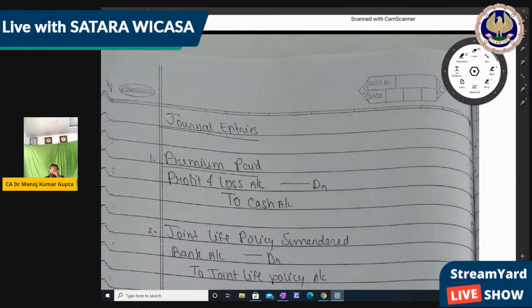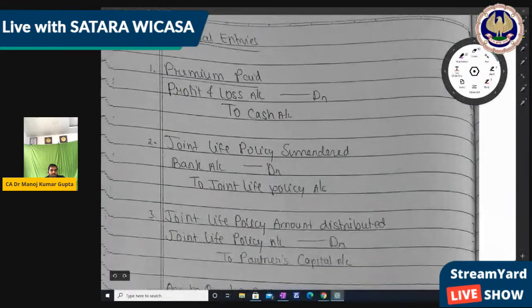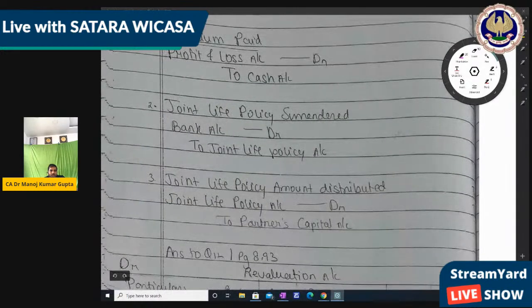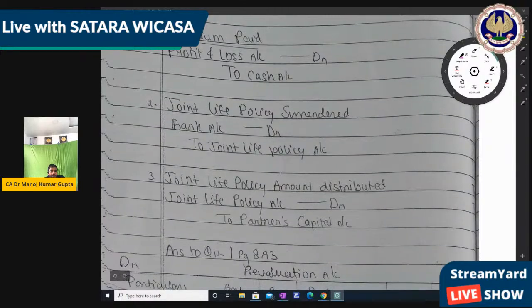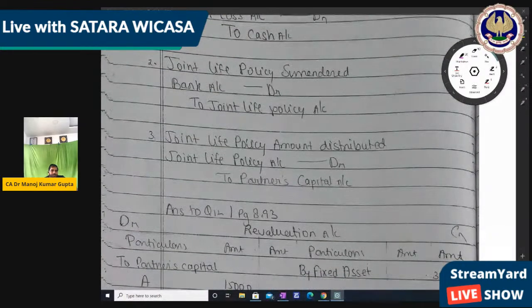Then the general entries are also mentioned. Profit and loss account debit to cash for premium paid. When we receive the joint life policy surrender amount, bank account debit to joint life policy. When we receive the joint life policy maturity amount, the same entry will be passed. When the joint life policy amount is distributed, joint life policy account debit to partners' capital accounts, and that's all.